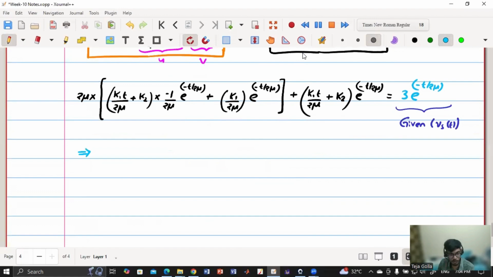You also try to simplify by yourself. So if I make any mistake, you can let me know. So first 2 micro, 2 micro will get cancelled. The rest I'm going to write now.